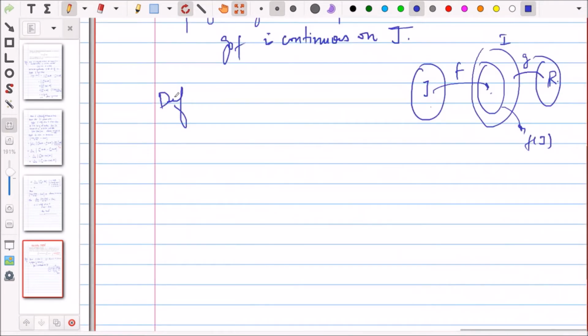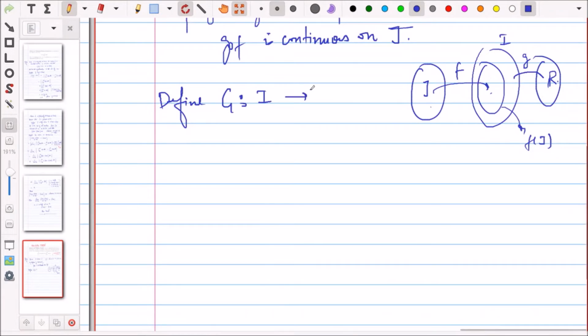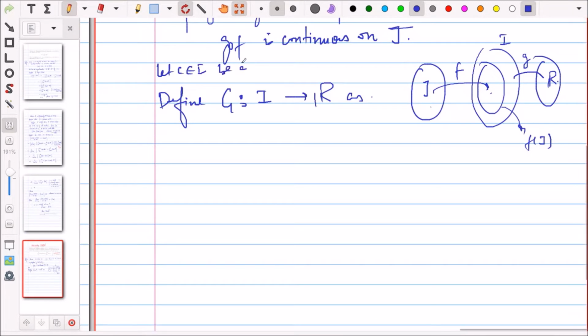So define capital G from I to R as, let's see, let C belonging to I be any arbitrary but fixed point. कोई भी एक फिक्स पॉइंट कर लिया हमने. ठीक है, I में से कोई भी एक पॉइंट पिक कर लिया.